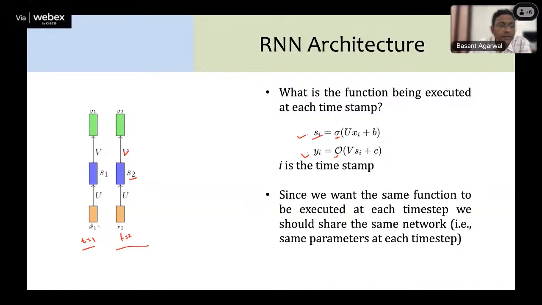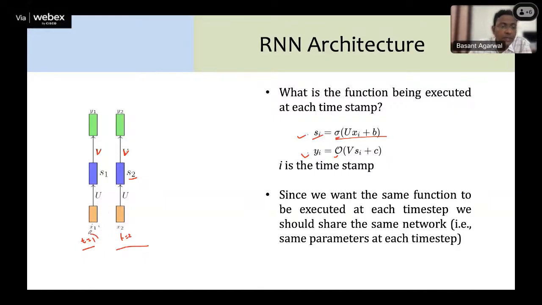So at t is equal to 1, we have the same function, that is Si sigma U x i plus b. And if we make t equal to 2, now you can observe that when time t is equal to 2, we are using the same function. Okay, so the same weights are there, like here V is there, here is also V. It means the weights between the hidden layer and output layer are the same.